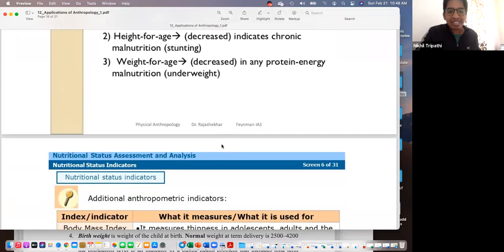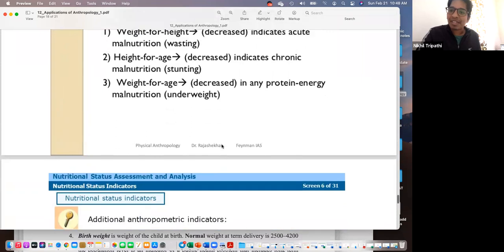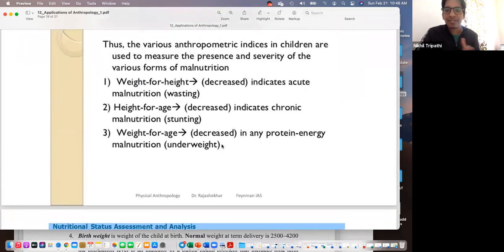So there is something called the Z value, sir. I am not aware if it is mentioned here, sir, which is for severe acute malnourishment versus moderate acute malnourishment versus underweight. When that Z value is less than 2, it is the same case as severe acute malnourishment. Correct.